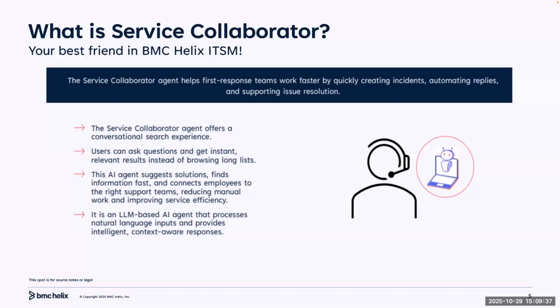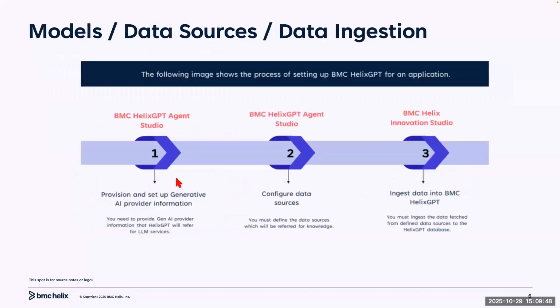So before we move on to the hands-on configuration, I want to highlight a couple of things that you will come across during the setup and some things that we should be aware of. The configuration of Service Collaborator that we will do today will be done in 3 steps. Step 1, we will start looking at our models, data sources, and data ingestion.